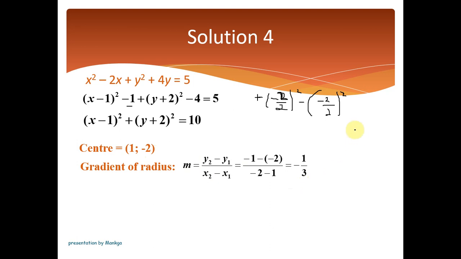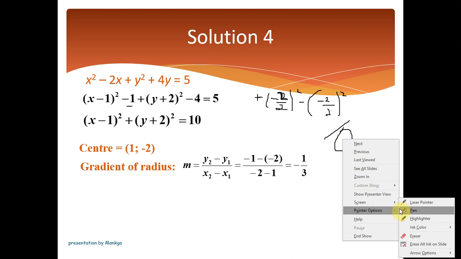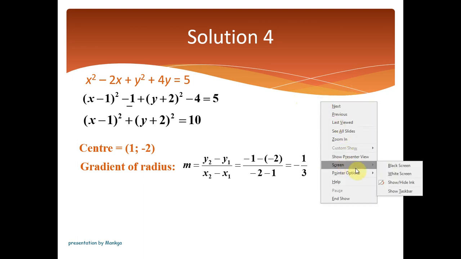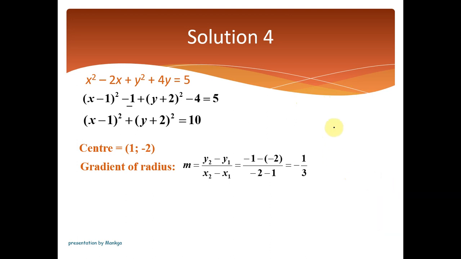The gradient will be the one. If we are having a circle, point of contact, sorry, we are having a circle, the center of the circle, and a line touching the circle at one point.